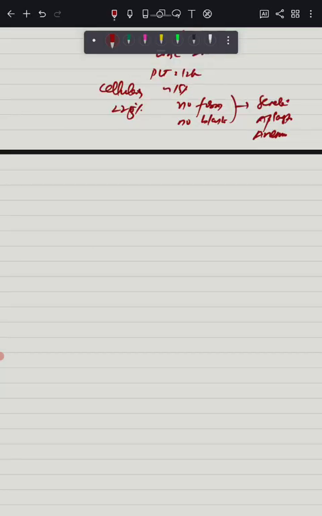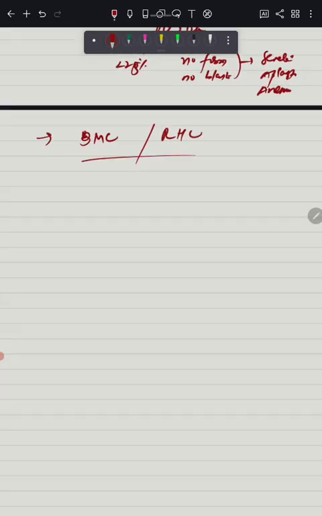So we will discuss this one thing, that these are two related but distinct concepts: bone marrow cellularity and residual hematopoietic cells. I'll give an analogy. Imagine bone marrow is a 100-seater auditorium.